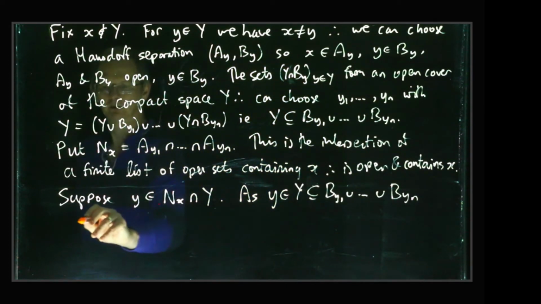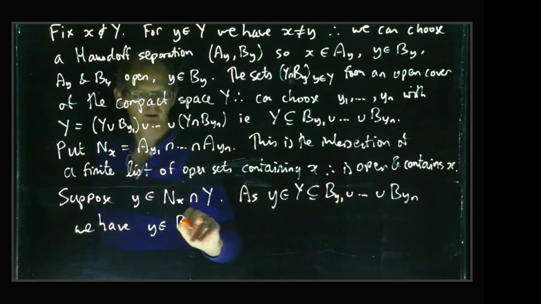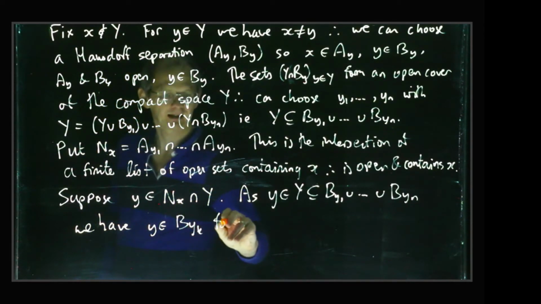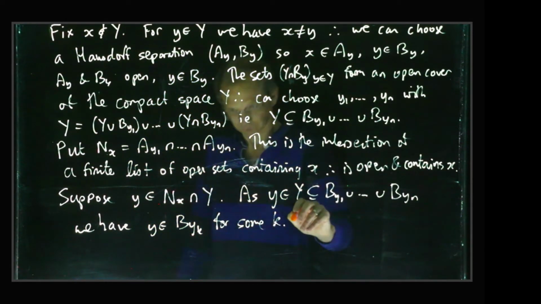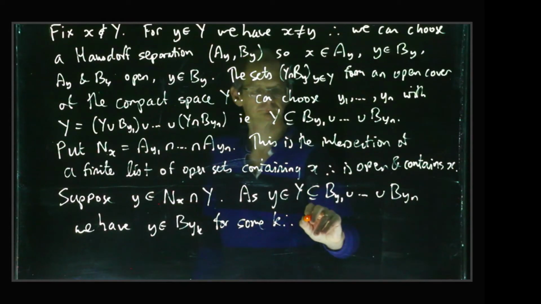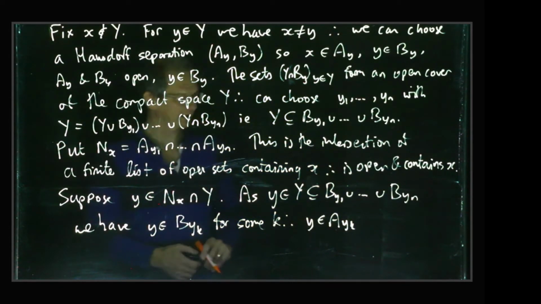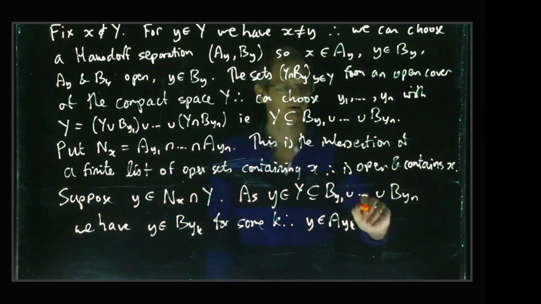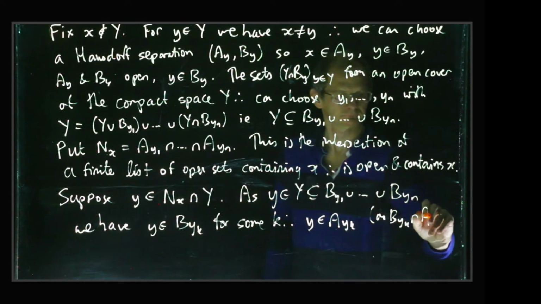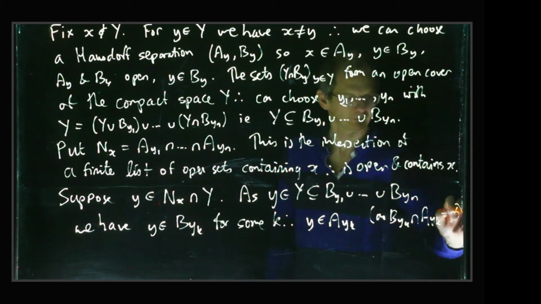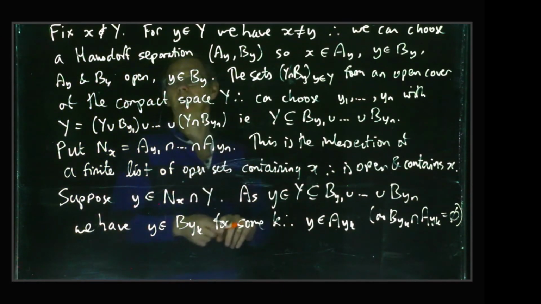So y lies in Byk for some k. So y doesn't lie in Ayk because remember the A's and B's, they were Hausdorff separations.